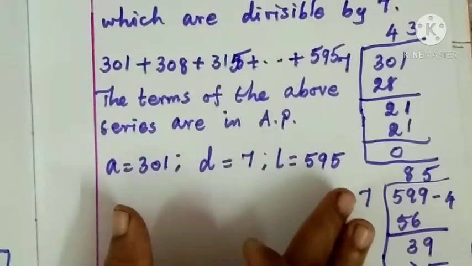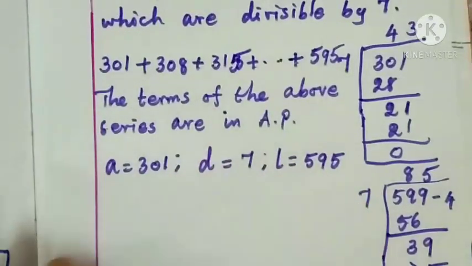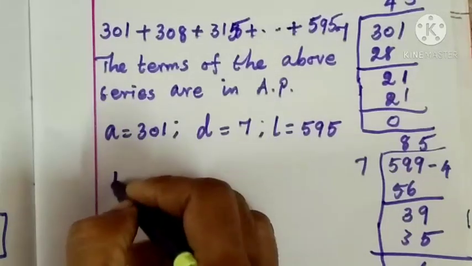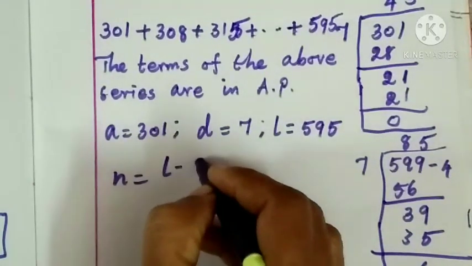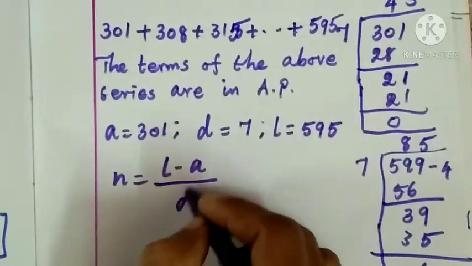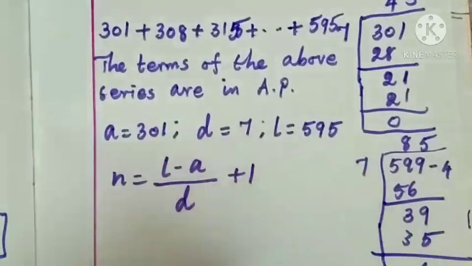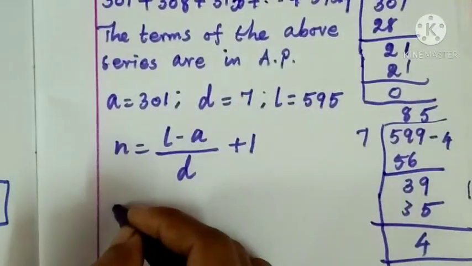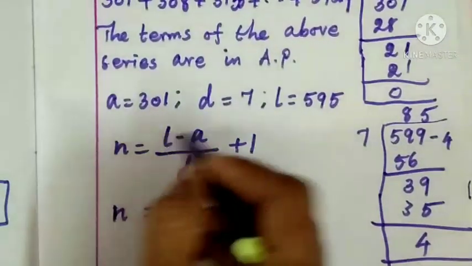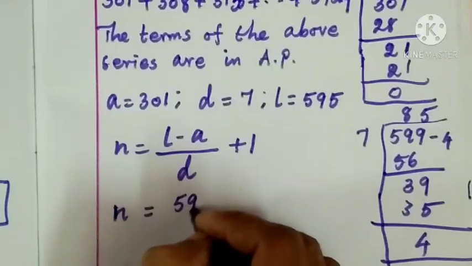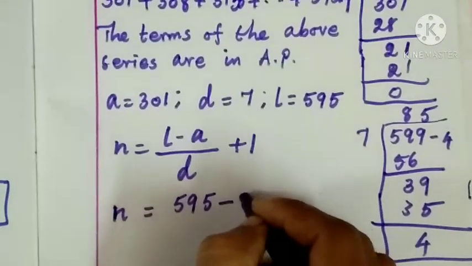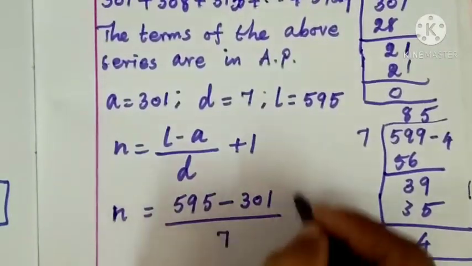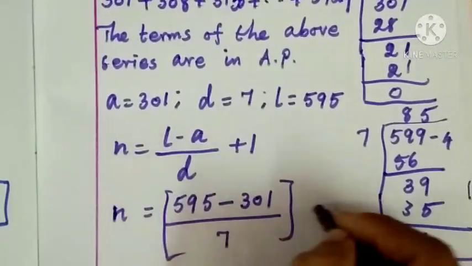So we need n. For finding n, which formula do you apply? Yes, n is equal to (l minus a) divided by d, plus 1. Now apply the values in this formula: n is equal to last term 595 minus first term 301 divided by common difference 7, plus 1.